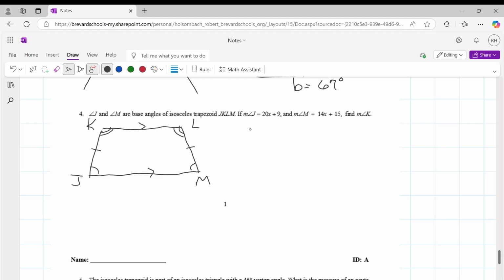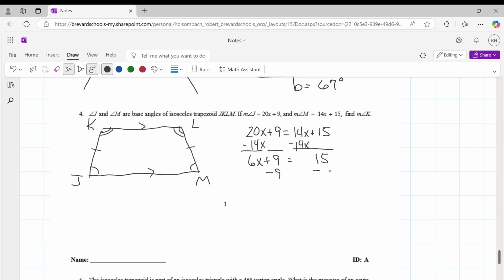So our 20x plus 9 is equal to the 14x plus 15. So subtract 14x from each side. And 6x plus 9 is equal to the 15.